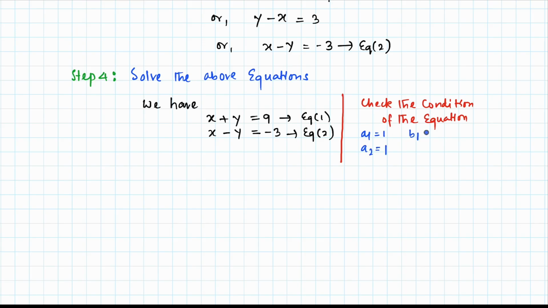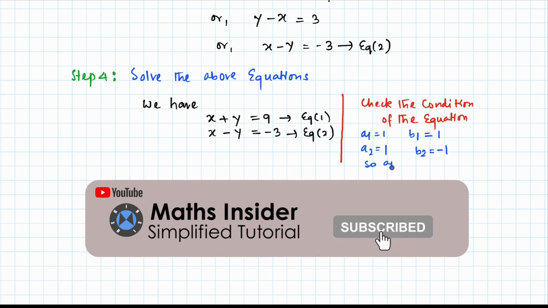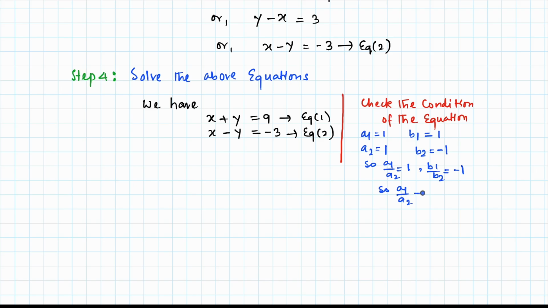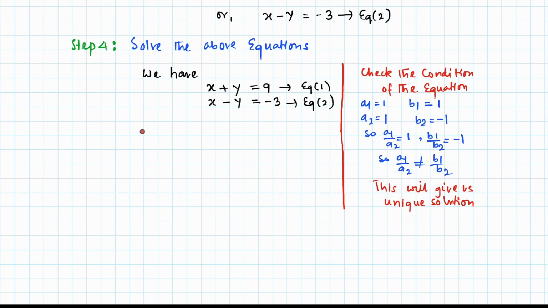So here a1 equal to 1, a2 equal to 1, b1 equal to 1, b2 equal to minus 1. So a1 by a2 is 1, b1 by b2 is minus 1. So a1 by a2 is not equal to b1 by b2. So it is case 1, that is, it has a unique solution. That means the two lines will meet each other in the graph at a point P. Hence we can solve this equation, and it has one single unique solution.